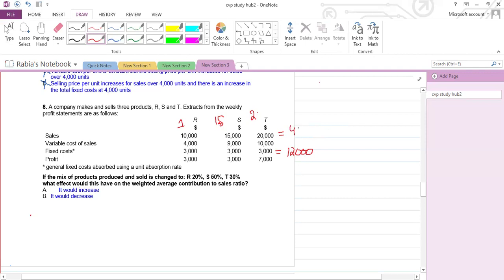It is 45,000. You will calculate your contribution per unit of R, S, and T. That is 6,000.